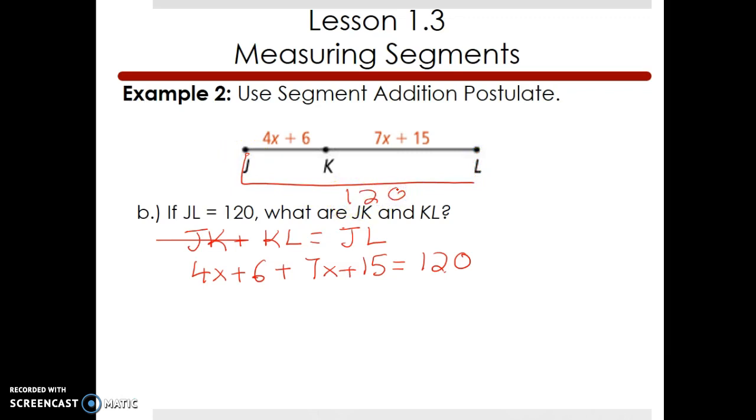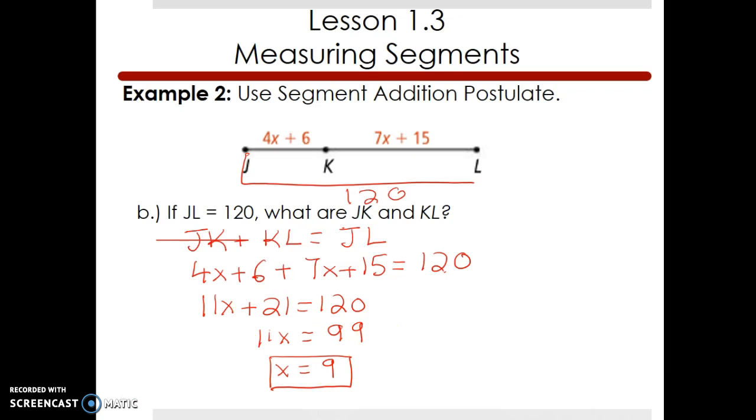So the two small parts equal the big part. I'm going to combine my like terms, so I get 11x plus 21 equals 120. So 11x equals 99. x equals 9. Again, I subtracted the 21 and then I divided by 11 to find the answer.